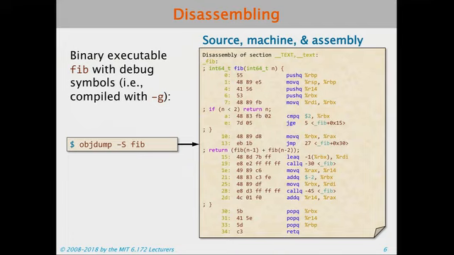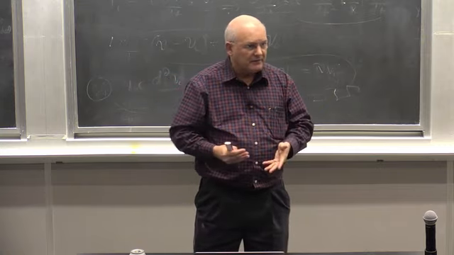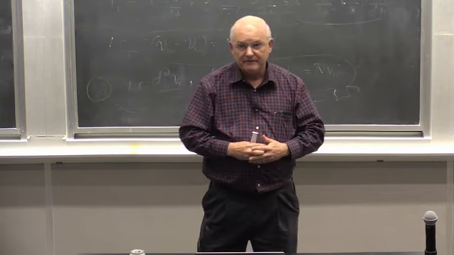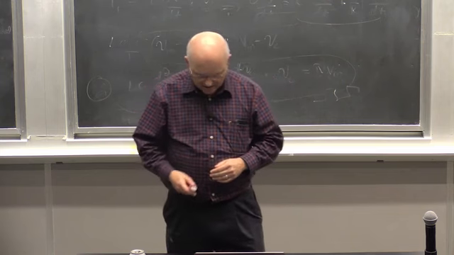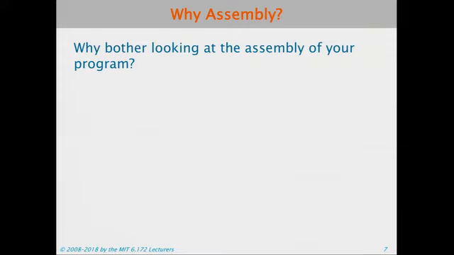That tells you, here's the mnemonic, more human-readable code, the assembly code, from the binary. And that's really useful, especially if you're trying to do things, well, let's see, why do we bother looking at the assembly? Why would you want to look at the assembly of your program? Does anybody have some ideas?